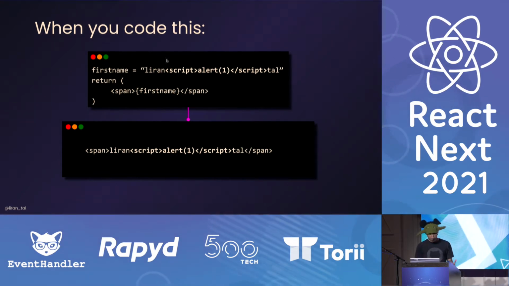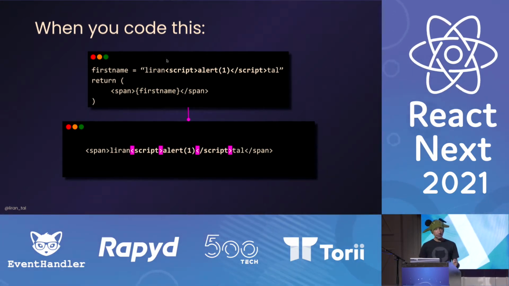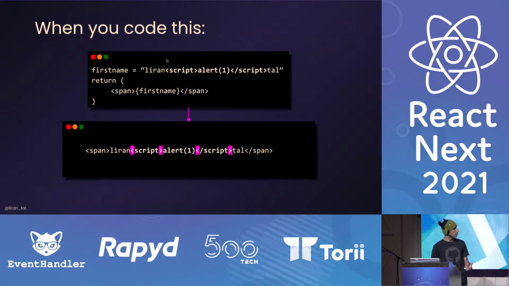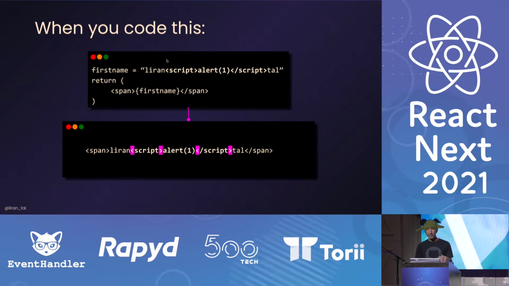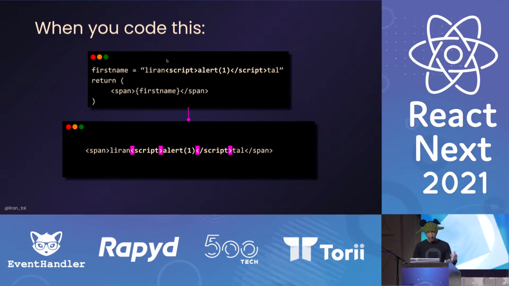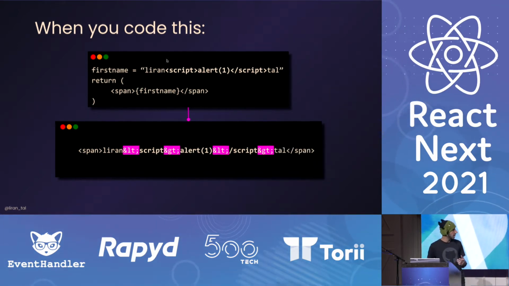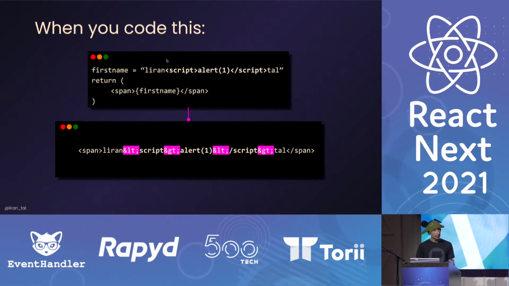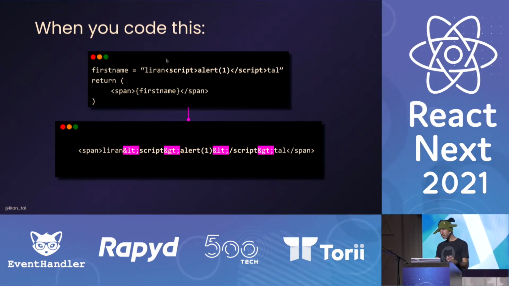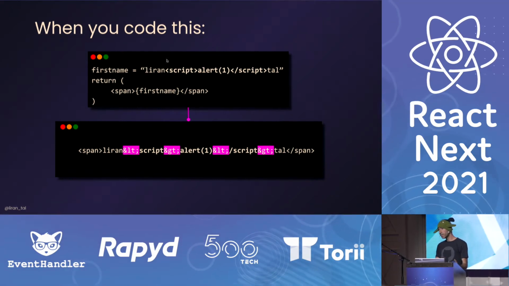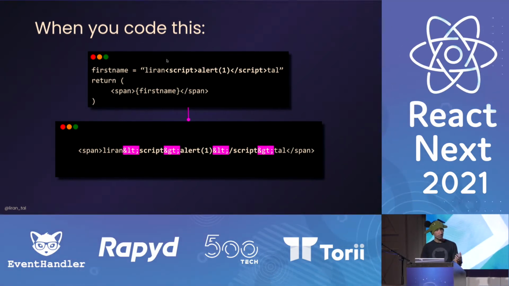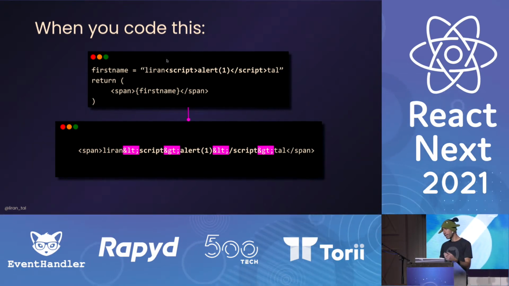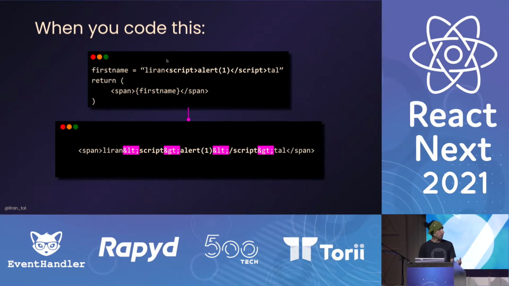Why is that? That's because those special characters that the DOM would translate to create new DOM nodes on the page are not really the real characters, like the left and right angle brackets. They're actually a representation of what they should be. And so when we say React is secure by default, what we basically mean is that React takes those characters and translates them into something called an HTML entity, which is how we represent them onto the page.